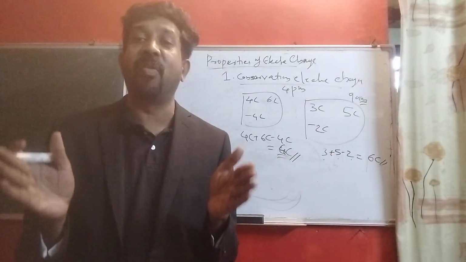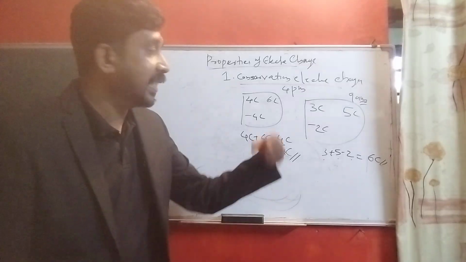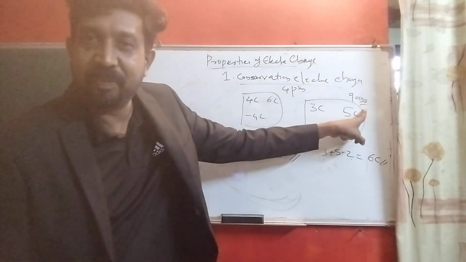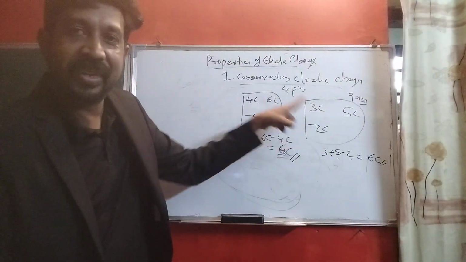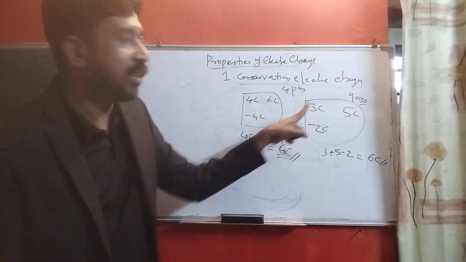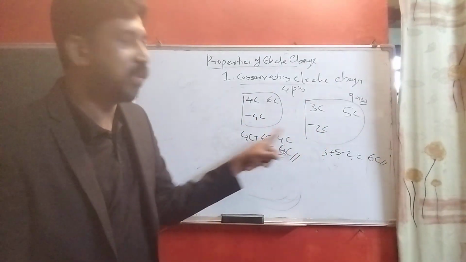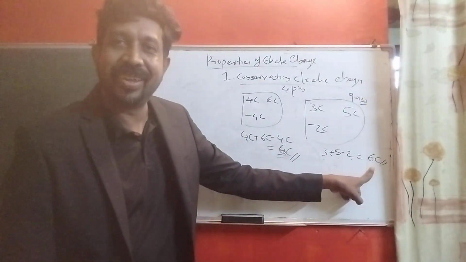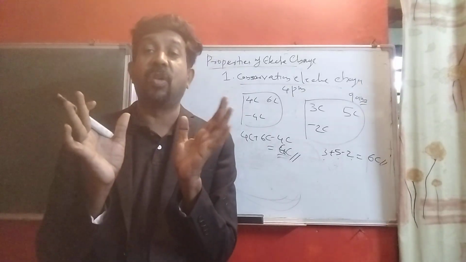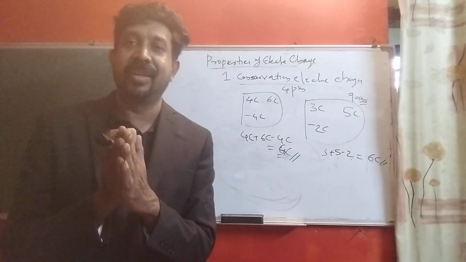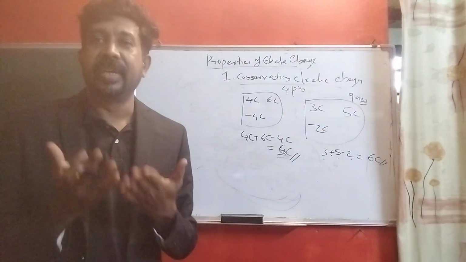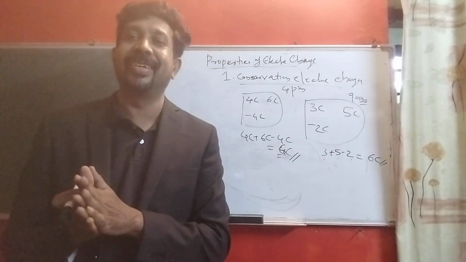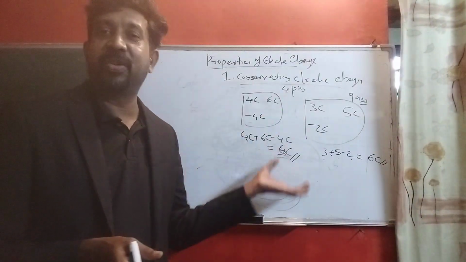The charges here are 3 coulomb, 5 coulomb, and minus 2 coulomb at 9 a.m. At 4 p.m., this 3 coulomb changes to 4 coulomb, 5 coulomb changes to 6 coulomb, minus 2 coulomb changes to minus 4 coulomb, but the total charge is 6 coulomb. Therefore, the total charge of a body is always constant. The charge distribution may change, but the total charge remains conserved or constant. This is called the conservation of electric charge.